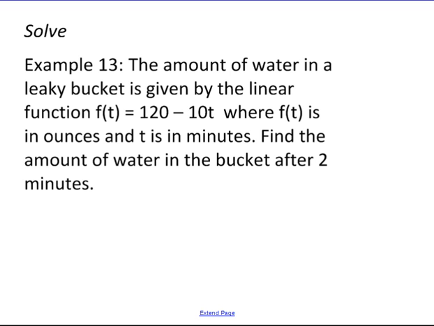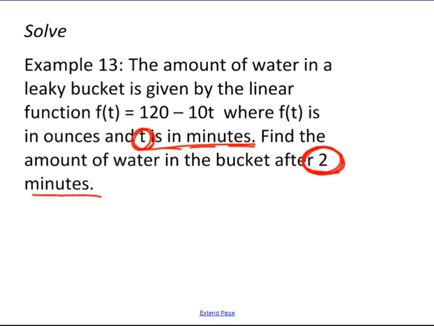Word problem. The amount of water in a leaky bucket is given by the linear function f of t is equal to 120 minus 10t, where f of t is in ounces, t is in minutes. That tells you, if I'm trying to find after 2 minutes, this number has to be t.